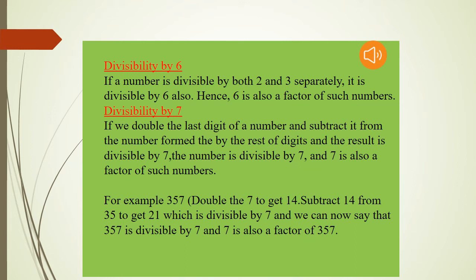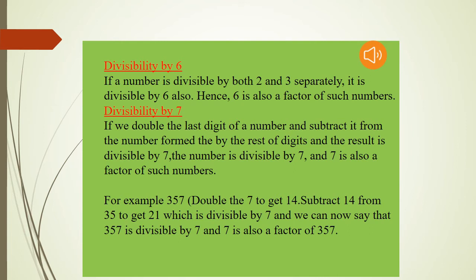How to check divisibility by 7? If we double the last digit of a number and subtract it from the number formed by the rest of the digits, and the result is divisible by 7, then the number is divisible by 7 and 7 is also a factor of such numbers.